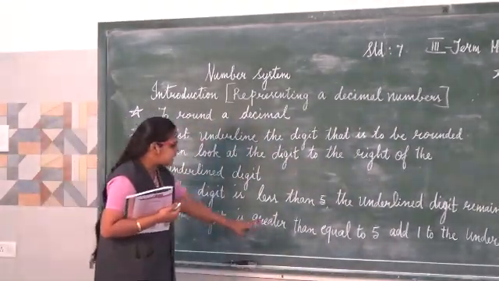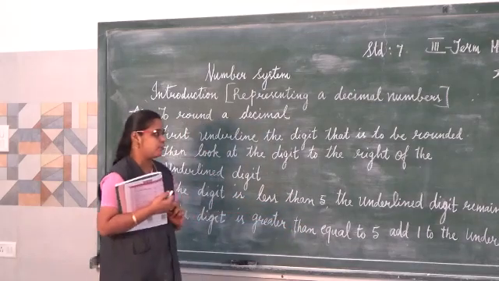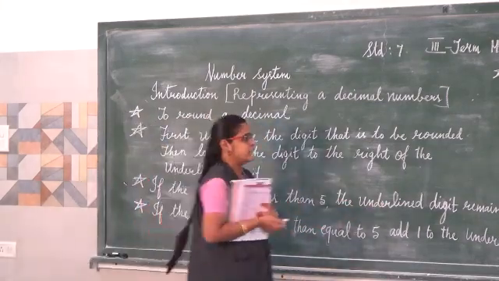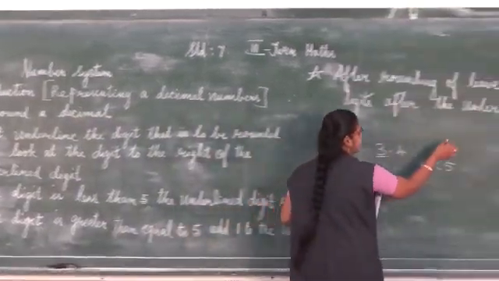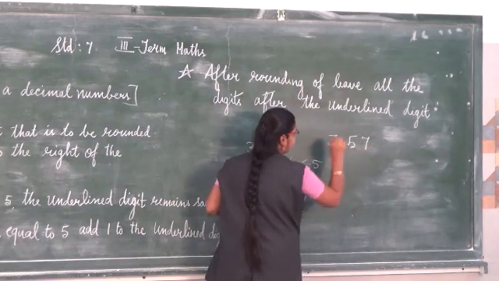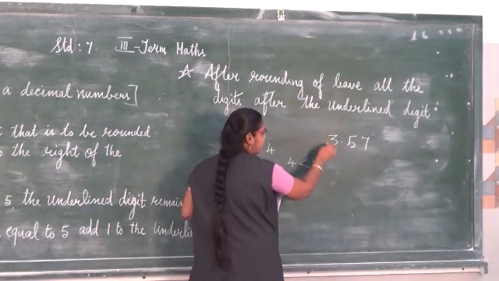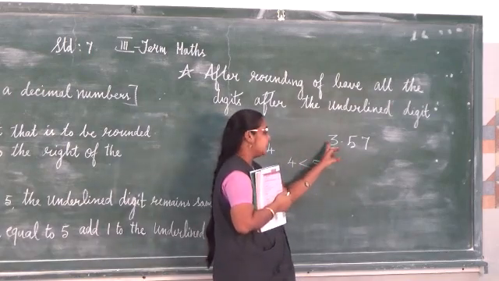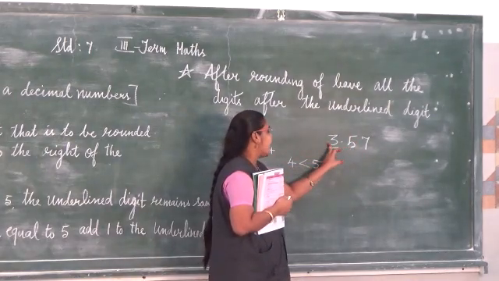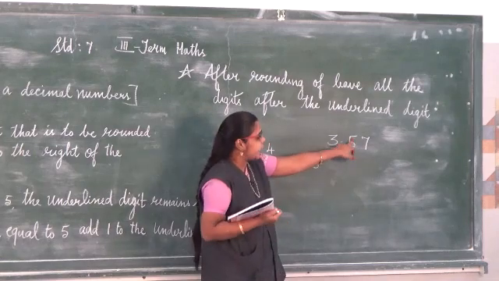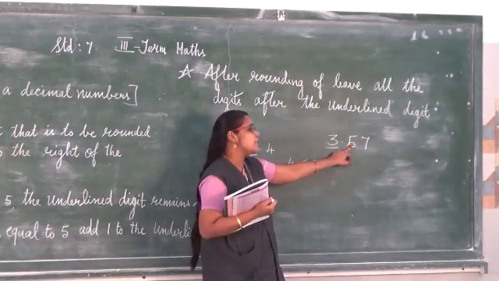If the digit is greater than or equal to 5, add 1 to the underlined digit. So, for example, if I take 3.57, we take the whole number part. The digit to the right, we have to see the next one. The digit is greater than or equal to 5, so what do we have to do?